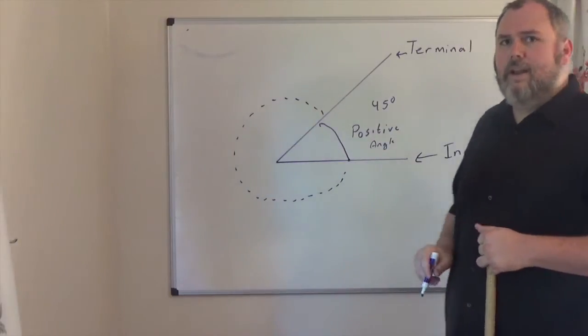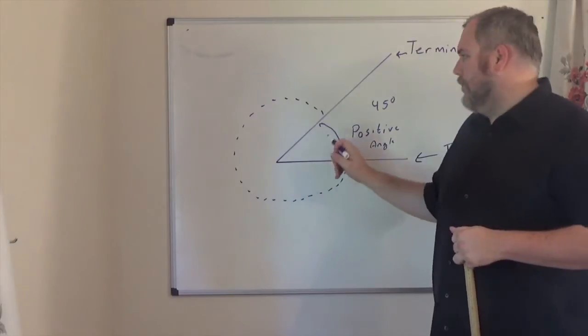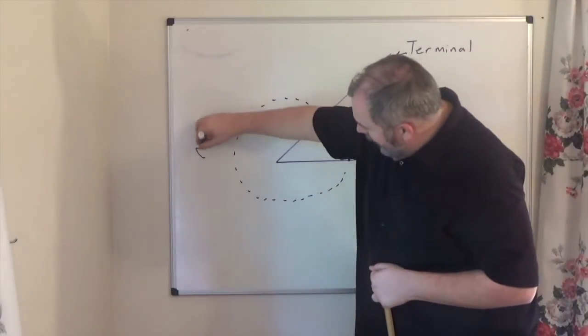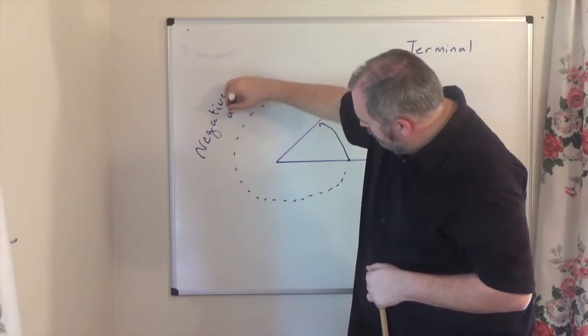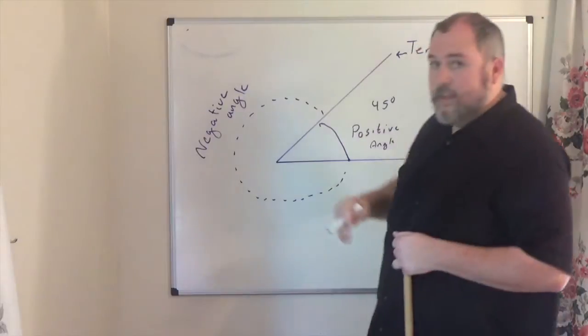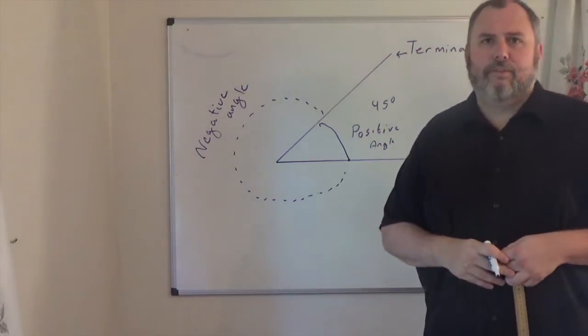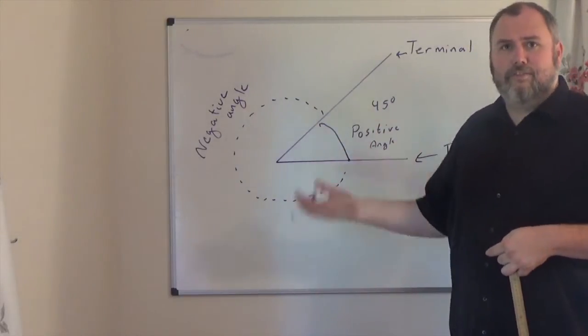So what did I really create? Well, the positive angle and this other piece, this would be my negative angle. That's my negative angle. Well, how many degrees is it? Think this through. Notice what kind of shape we've got going on here. It's a circle.